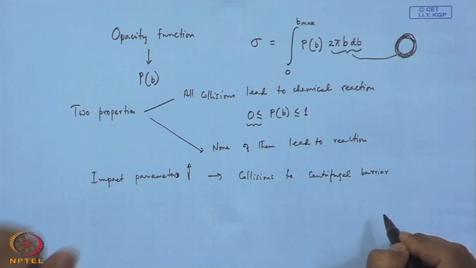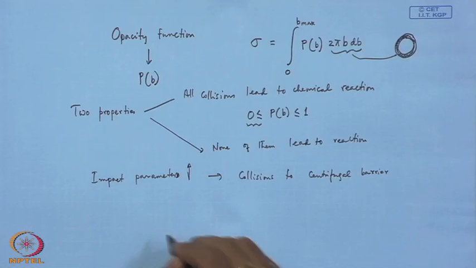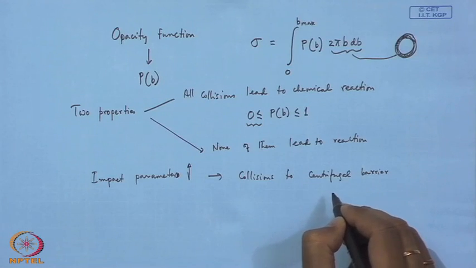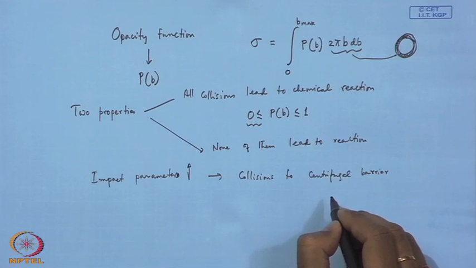So, since it is a centrifugal barrier, it means it is a repulsive barrier. So, this will tend to keep them apart. So, when impact parameter b is high, collisions occur at the centrifugal barrier, leading to less reaction.